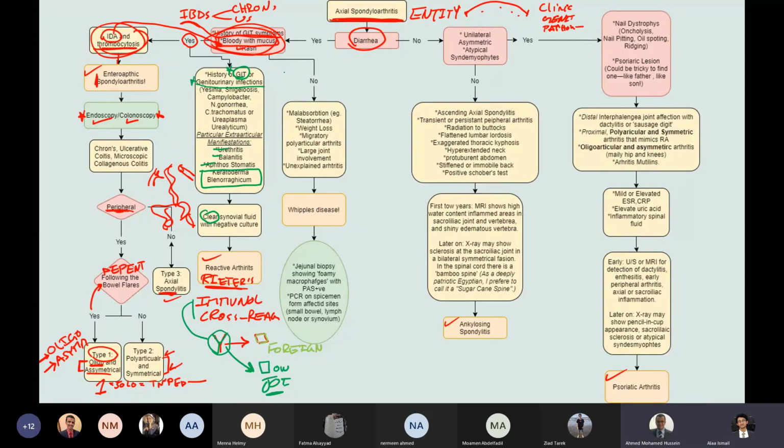Now, that was basically if we have that history of gastrointestinal infection or bloody diarrhea. But what if this history was absent and our patient was complaining of malabsorption and severe weight loss? We can see here malabsorption, weight loss, and migratory polyarticular arthritis with large joint involvement, in a patient with unexplained arthritis.